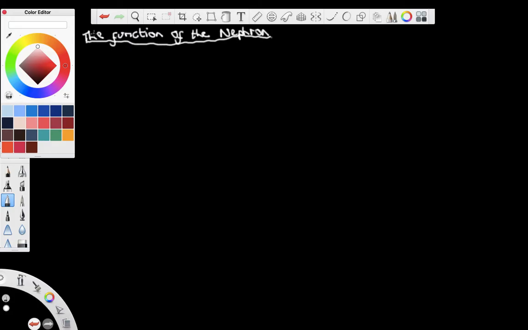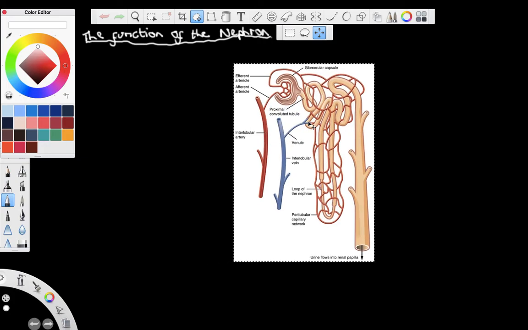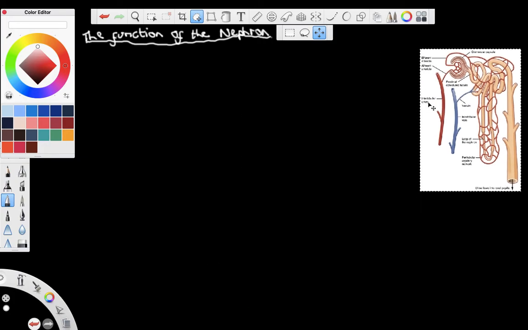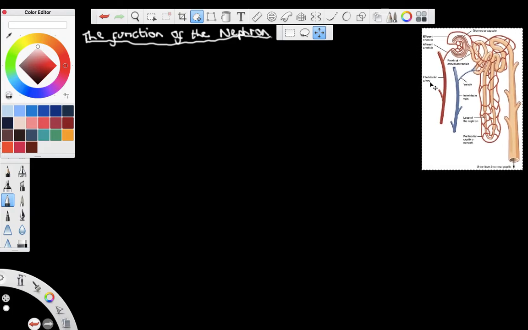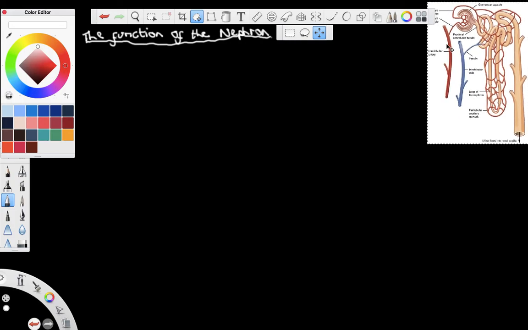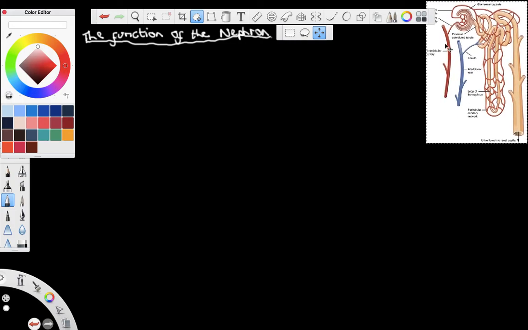Now, just for our reference, I am going to put this diagram over here, and we are going to number it, okay? In fact, I'm going to squeeze it up here right out the way so we've got as much space as possible so that we can keep referring back to it. So the first part is what happens here.